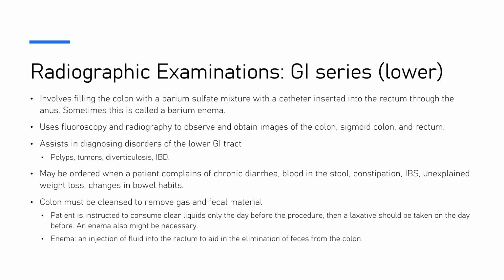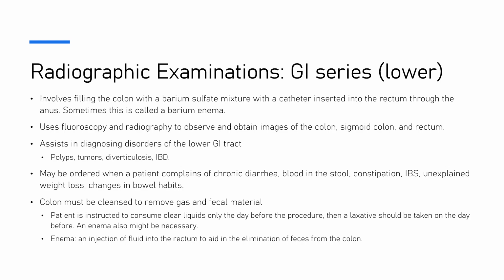Next, we have the lower GI series, or lower gastrointestinal radiography. This involves filling the colon with a barium sulfate mixture with a catheter inserted into the rectum through the anus. This is sometimes called a barium enema. This uses fluoroscopy and radiography to observe and obtain images of the colon, the sigmoid colon, and the rectum.